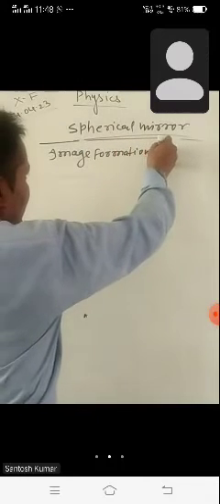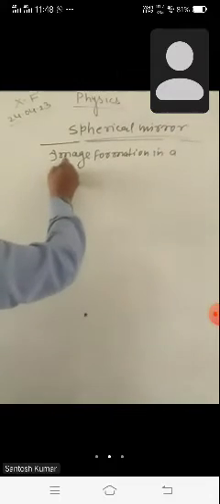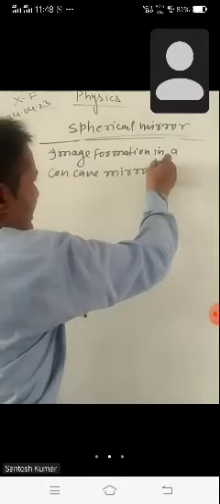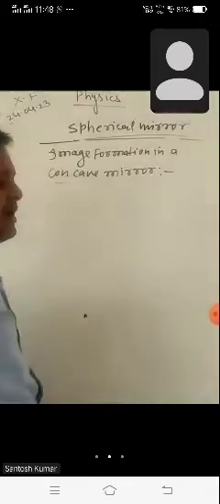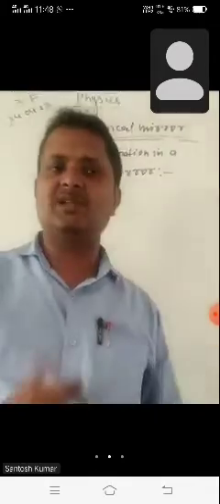So first of all, we will see image formation in a concave mirror. In a concave mirror, how many positions can be regarded? Anyone?